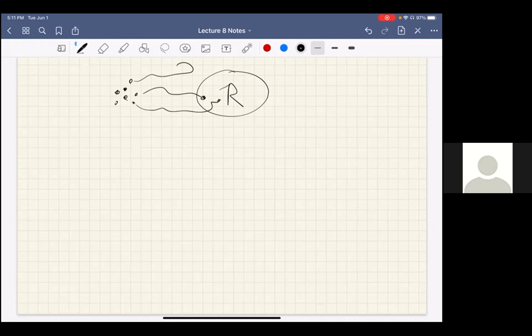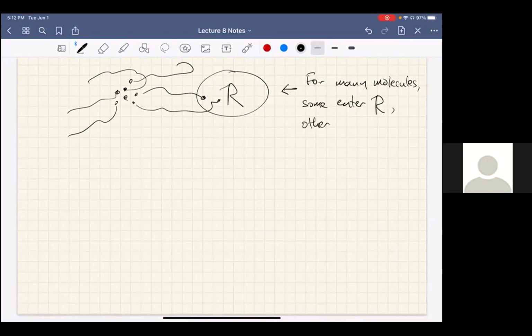Some will end up in R, each with probability P alpha t at time t, and others will follow different trajectories. So for many molecules, some enter the region R, others do not.